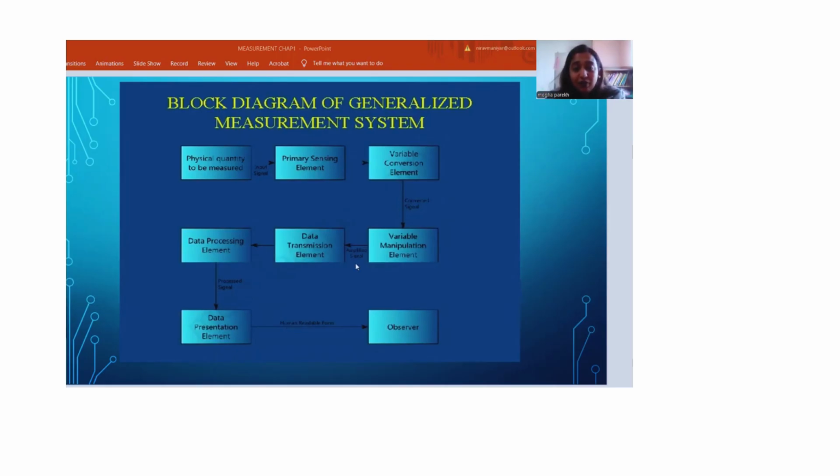Afterwards, that intermediate device works on the measurement to make it a readable form, or one which can be sensed by the end device. And finally, at the end, we get the output the observer can watch.